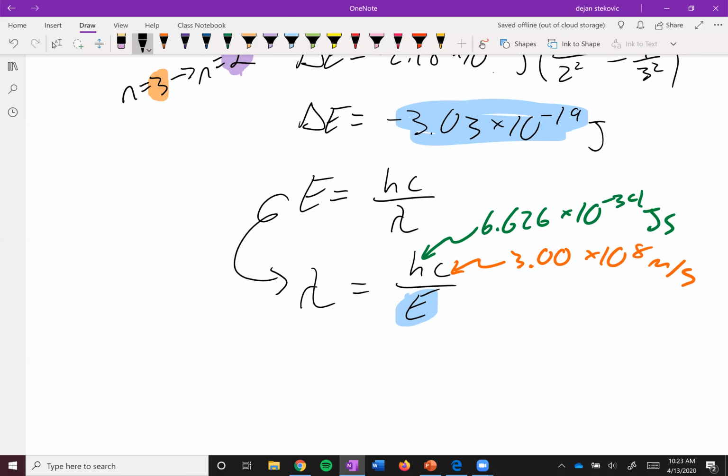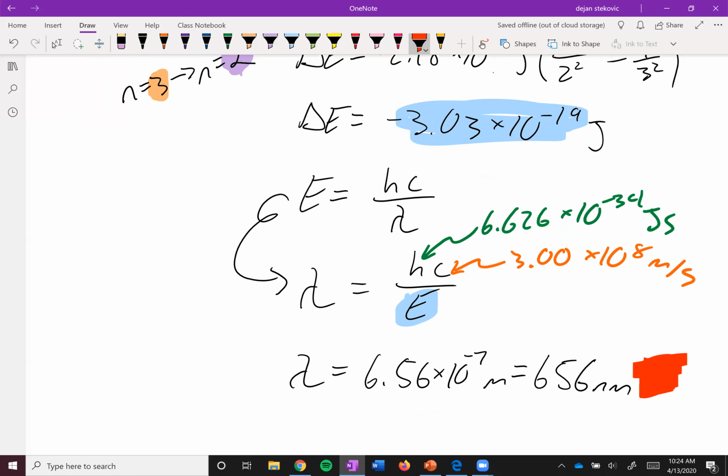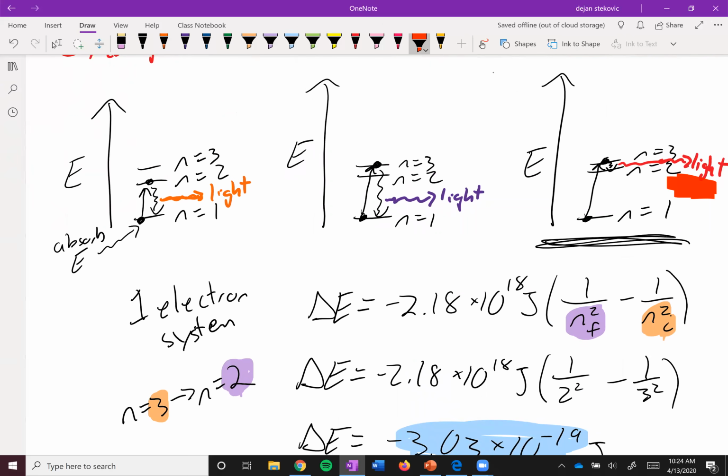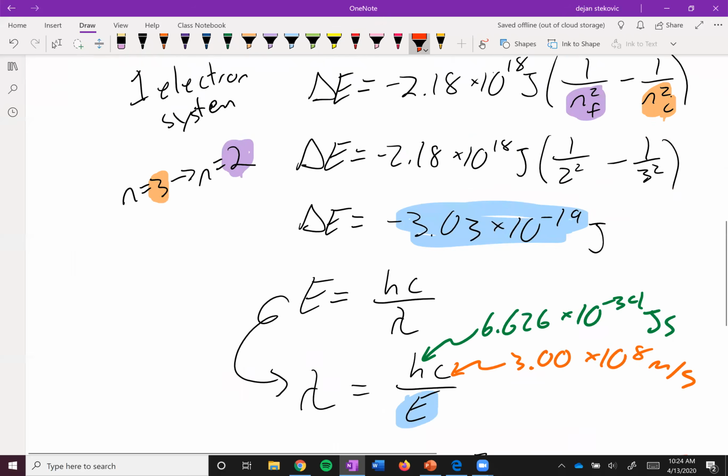And so we can plug and chug all of that stuff through, and what you get is 6.56 times 10 to the negative 7 meters, which is equal to 656 nanometers. And if you look at 656 nanometers, what you'll come up with is red light. And so we can predict right here that this one will indeed release some red light.